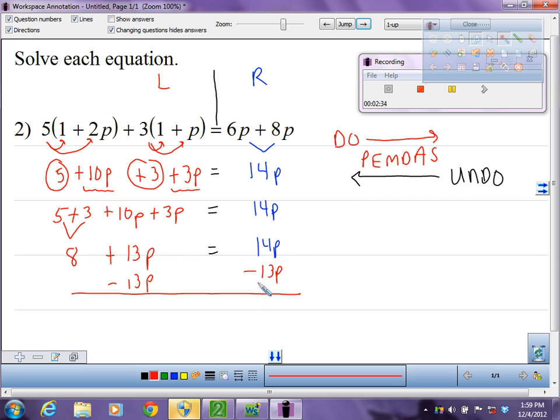And that would help me because that way I can put the letters to the right side, and I already have this number on the left here. So now I end up with 1p, right? And over here it's just 8. And we know that 1p can be made invisible, so we have p equals 8, and that's our answer.